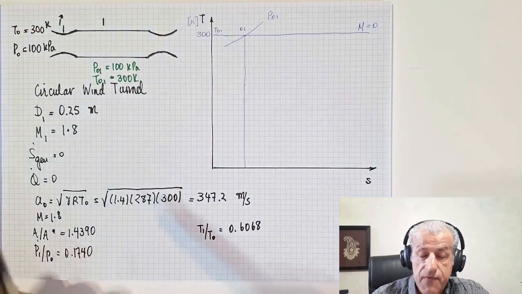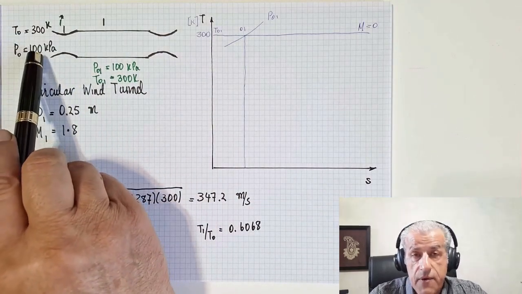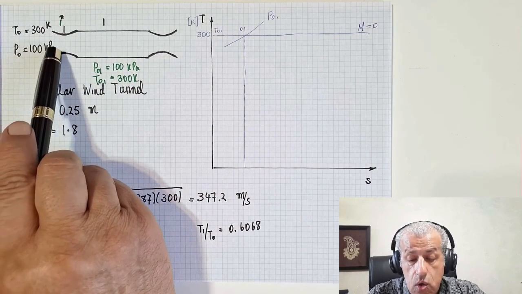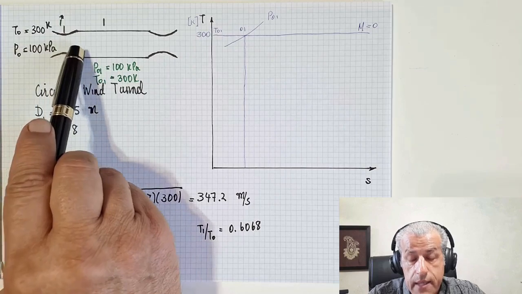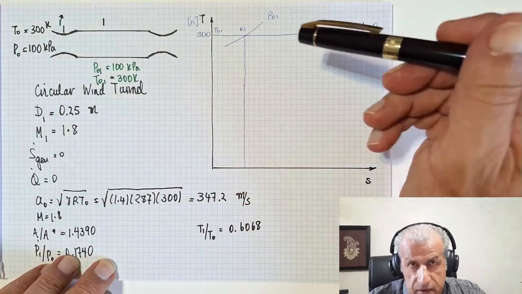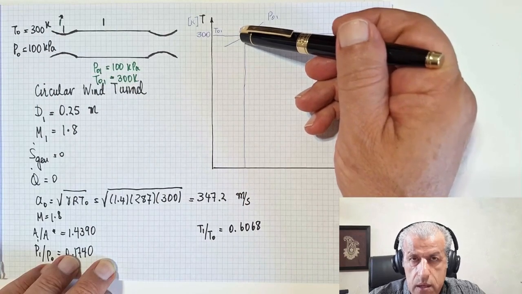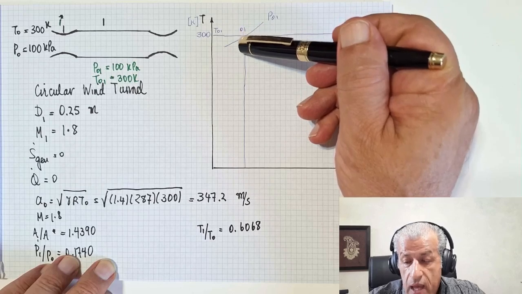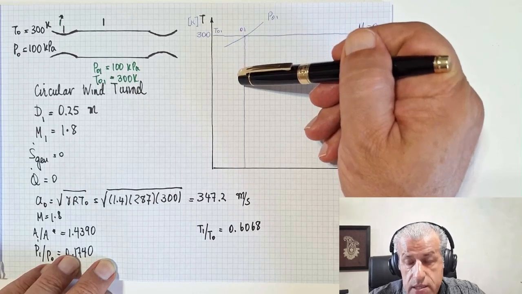Just as the flow is entering here from stagnation condition, going to Mach 1 and then going to Mach 1.8, in the very similar way, it goes from here, which is a stagnation condition, and goes through all these points.